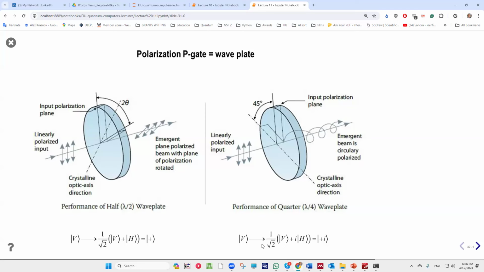And as we remember, this clockwise polarization is given by V plus imaginary unit times H, which is exactly the plus I state. So such a quarter wave plate creates state plus I, which is another type of gate, namely the P gate, right?